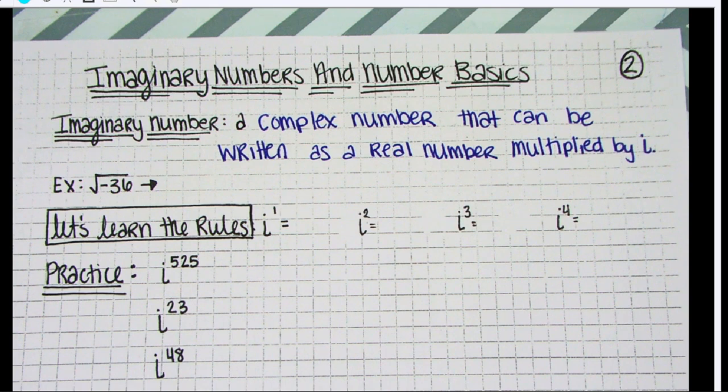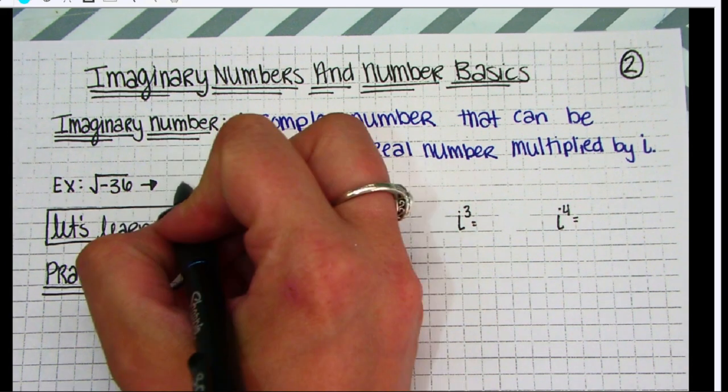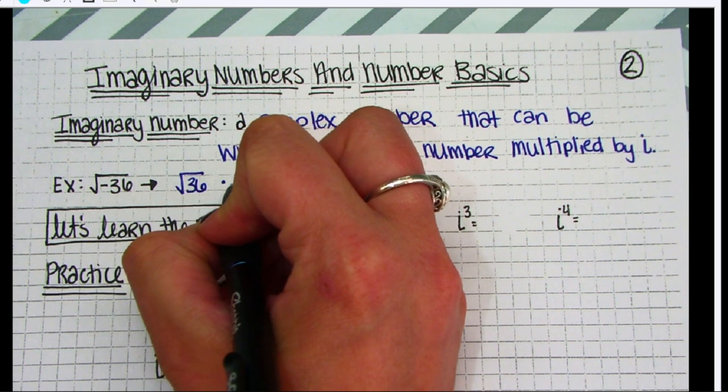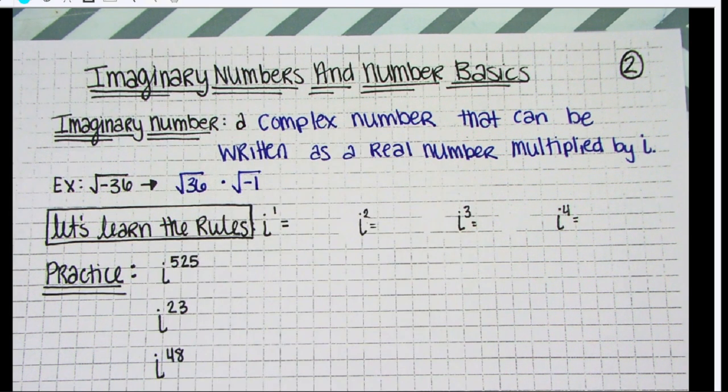So what's the square root of negative 36? 6i. So remember, whenever you have the square root of negative 36, that's the same thing as having the square root of 36 times the square root of negative 1. So you can break apart square roots by multiplying. Then you just take the square root of each of them individually.